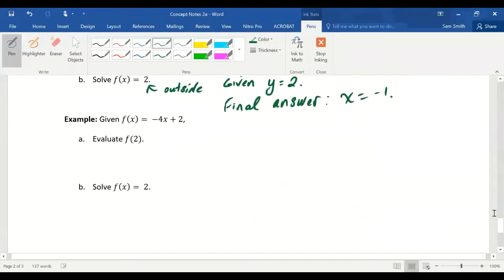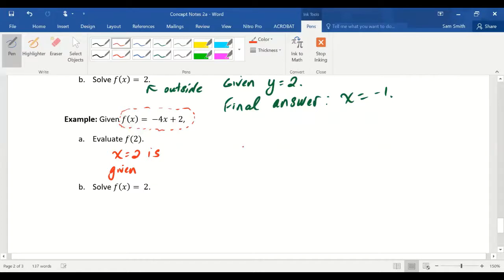Okay, and let's try with an equation. Evaluate f of 2. That means that x equals 2 is given, and they want the corresponding output. So I'm going to go into this formula, which tells me what I should do to x to get the output that is associated with that.